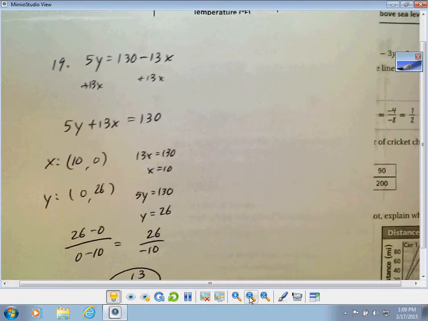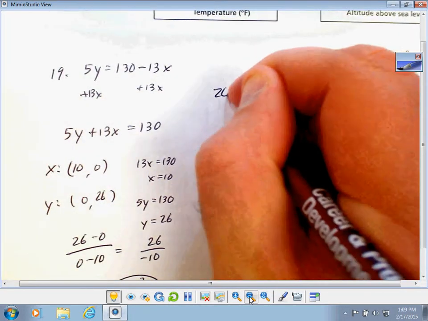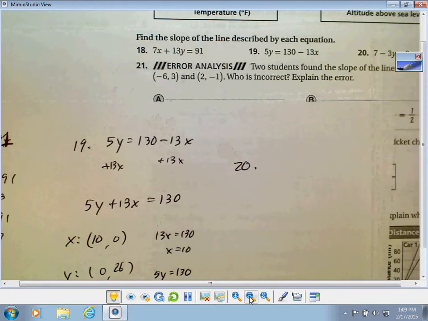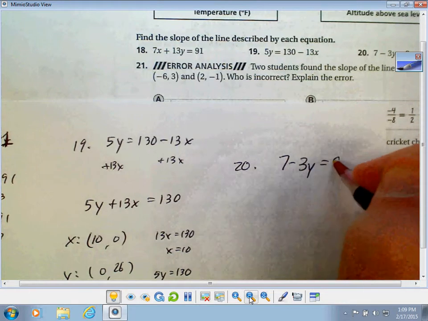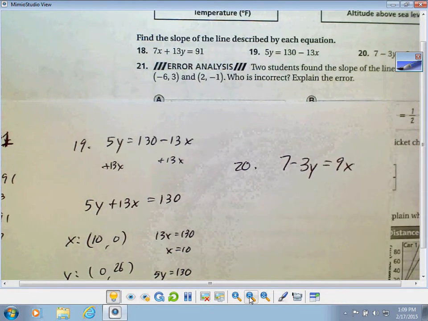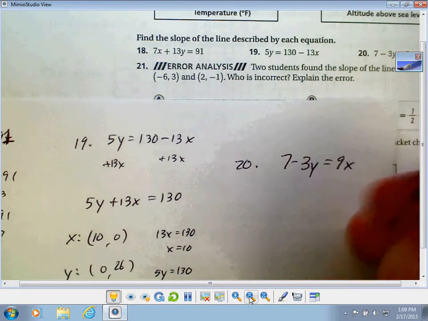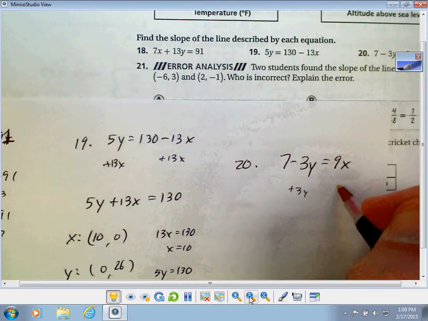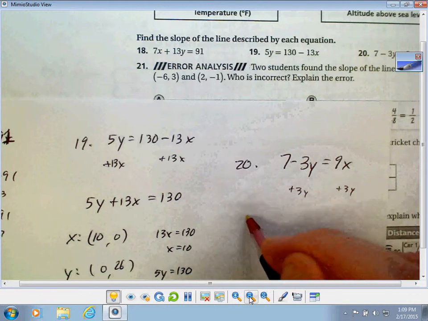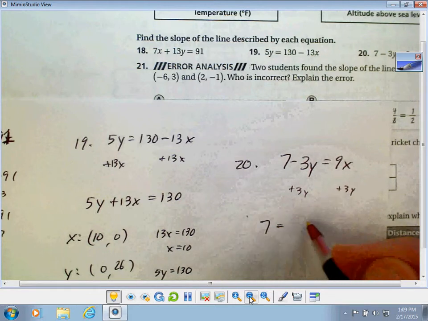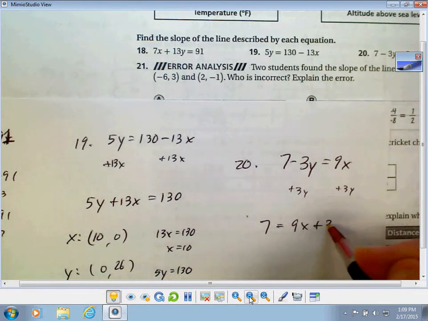Alright, number 20. I'm guessing number 20 is another one that when we solve it, it's probably going to give us kind of a weird decimal, but let's see. Okay, so I would add the 3y to both sides, and we're going to end up with 7 equals 9x plus 3y.